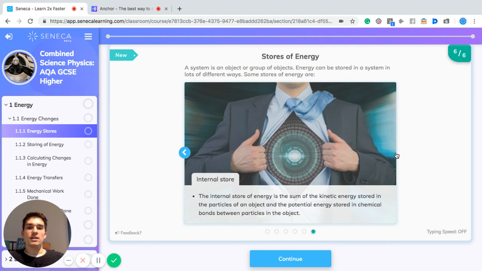The internal store of energy is the sum of the kinetic energy stored in the particles of an object, and the potential energy stored in the chemical bonds between the particles in the object. So I'll say it again. The internal store of energy is the sum of the kinetic energy stored in the particles of an object, summed to the potential energy stored in the chemical bonds between particles in the object.